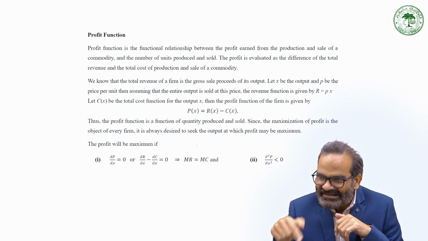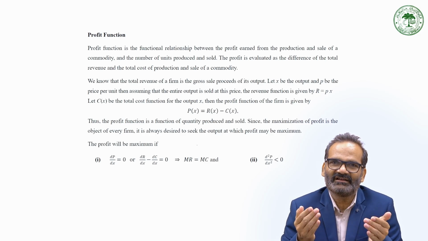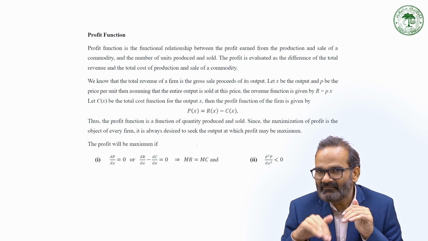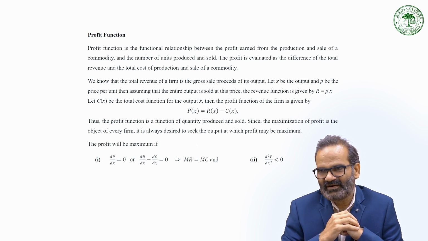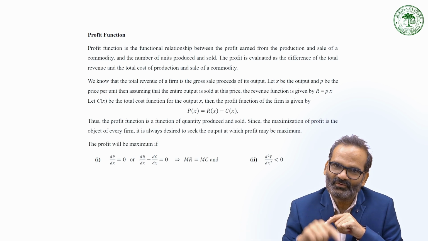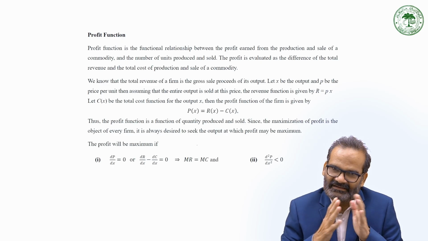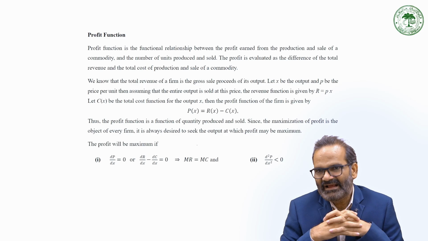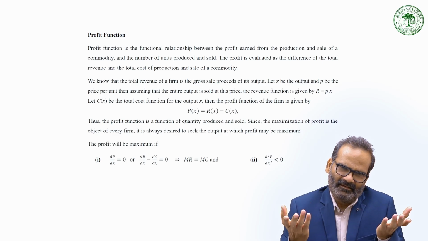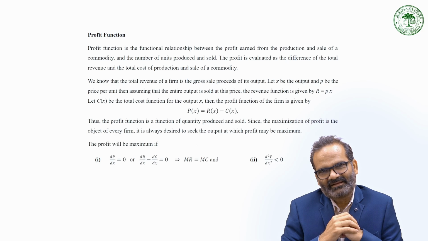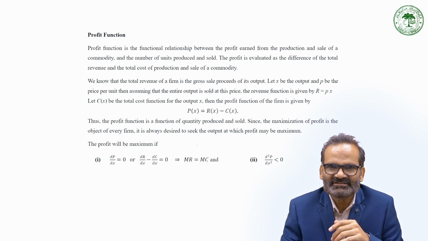and these stationary points will give you the point of maximum. Which point among these stationary points will give you the maxima? For that we find the second derivative of the profit function and put the value of the stationary point in the second derivative. If the second derivative comes out to be negative, then that stationary point is considered the point of maxima. So we will use the same process.